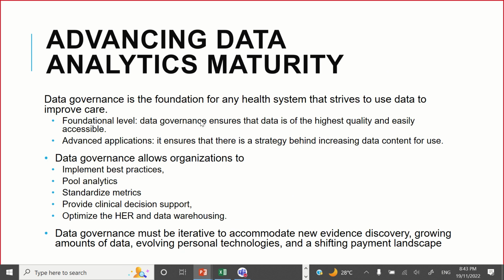And here they say even data governance matures with the organization. It has a foundational level, which ensures that the data is of highest quality and easily accessible. In advanced applications, it then interacts with the strategy, making sure that there is a strategy behind increasing data content for use.